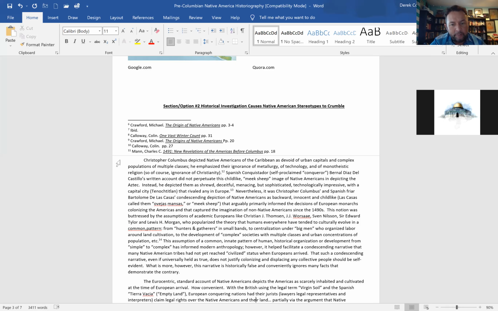And so you find that with subsequent historical investigation, not to mention in Mesoamerica in particular, like in Mexico, the Native Americans had written accounts.